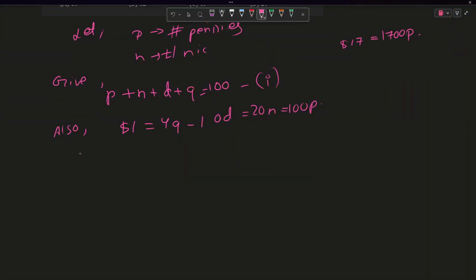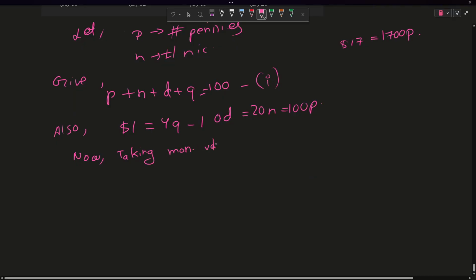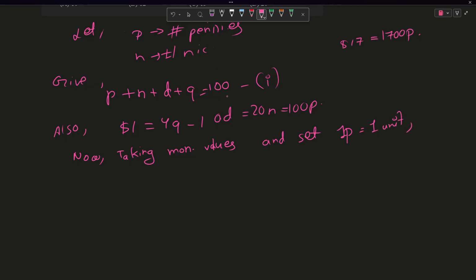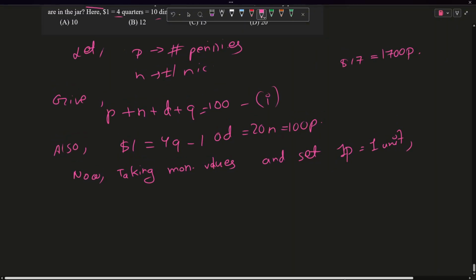So now taking monetary values, set 1 penny equal to 1 unit, basically.